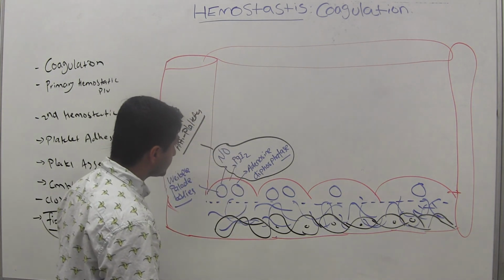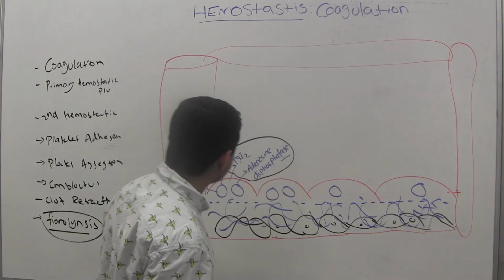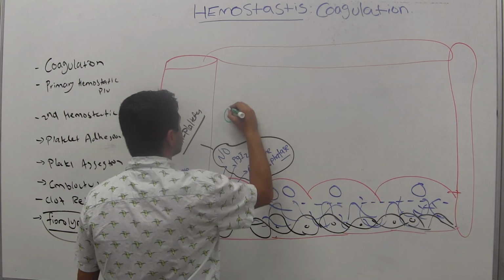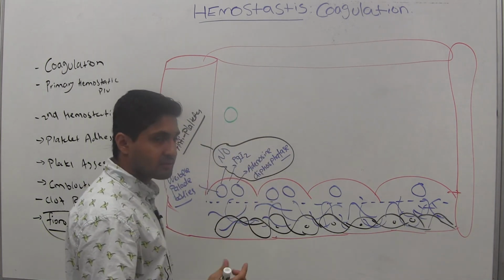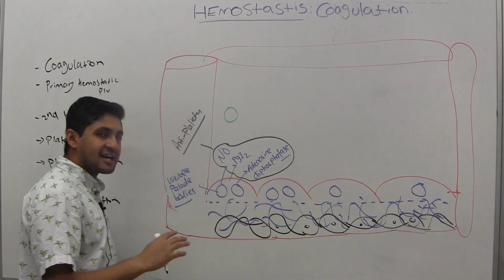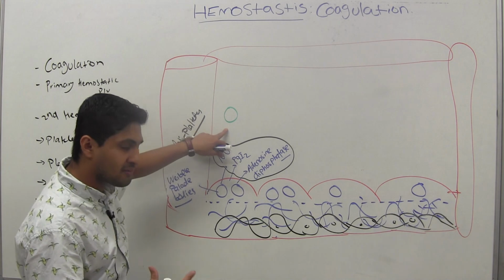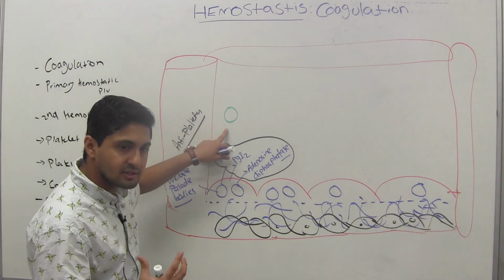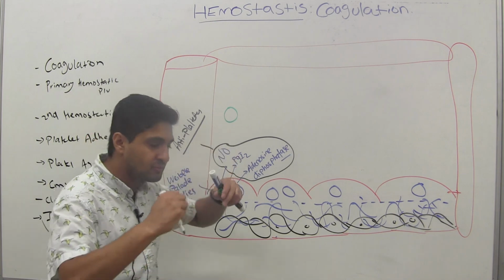Whenever the platelet comes, let me make the platelets in a different color. Do you guys know the size of a platelet? Usually platelets are about 2 to 3 microns, and they last about 8 to 10 days. If you have done hematopoiesis, these platelets come from the megakaryoblast.